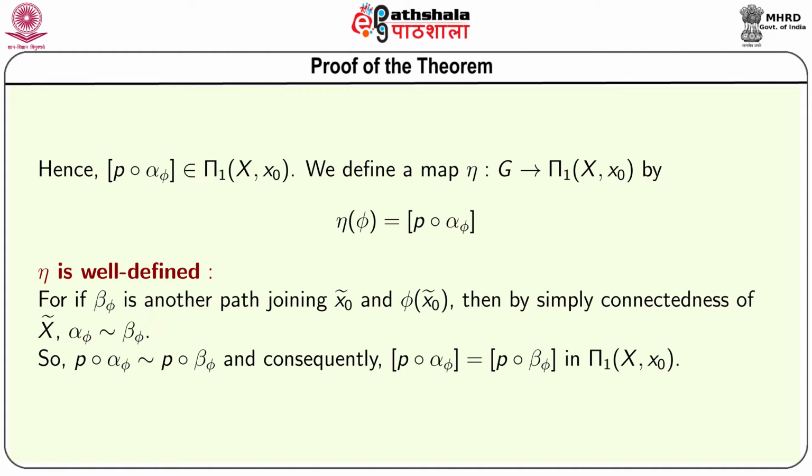In other words, if phi is any point of G, P composed alpha phi and P composed beta phi represent the same class within pi 1 of X, x0, proving the function eta to be well defined.